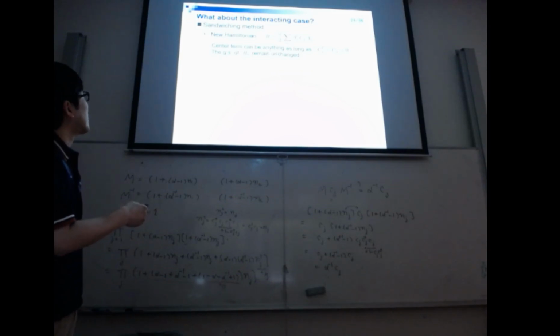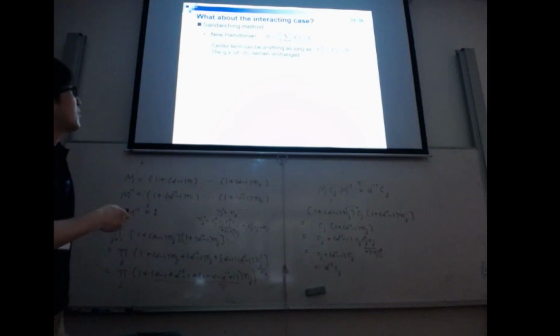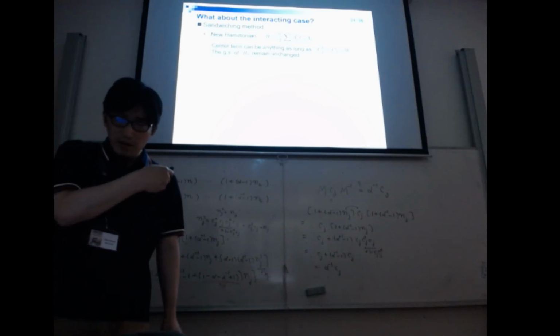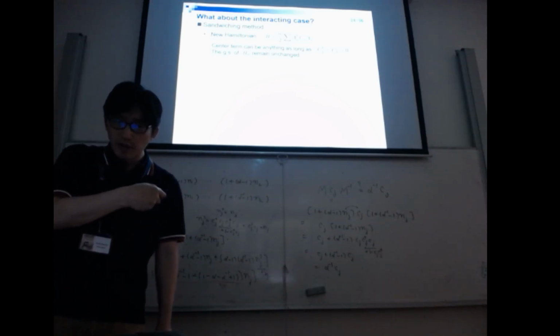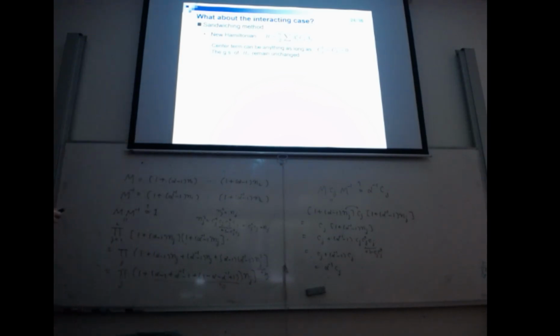But now let's consider an interacting case. You can make it interacting by sandwiching something between A dagger and A here. And this C j can be anything as long as it's Hermitian and positive definite. But here's my choice.